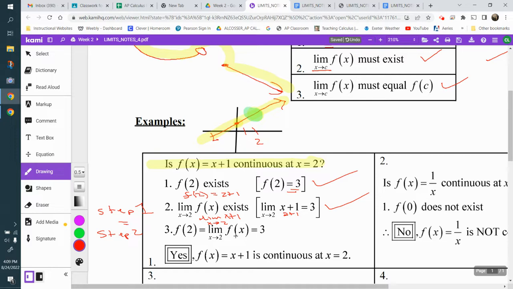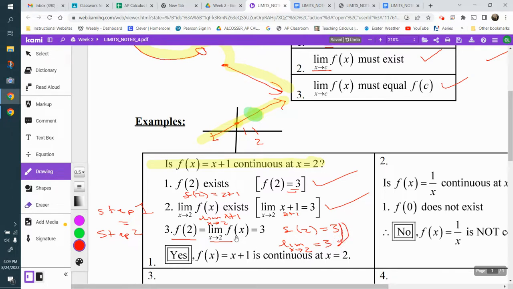So let's look at this. We'll make our statement. F of 2 is equal to 3, and the limit as x approaches 2 is equal to 3. So then, since those two equal each other, which is how they state it right here, f of 2 is equal to the limit as x approaches 2 of f of x, which is actually equal to 3, which is what this is saying over here.